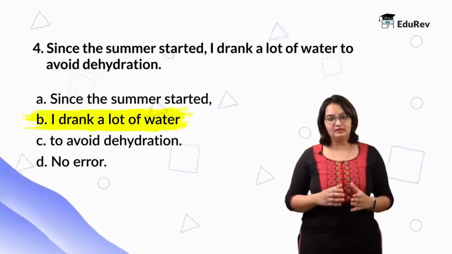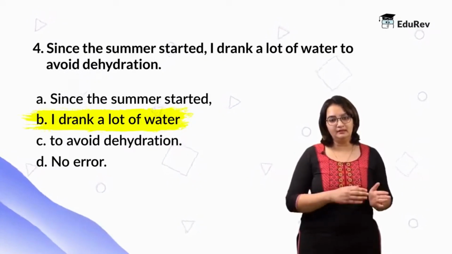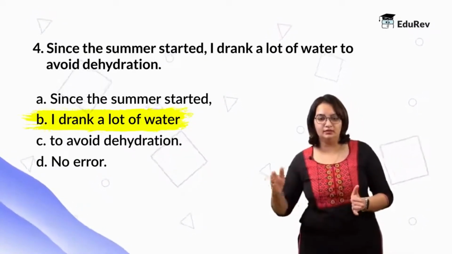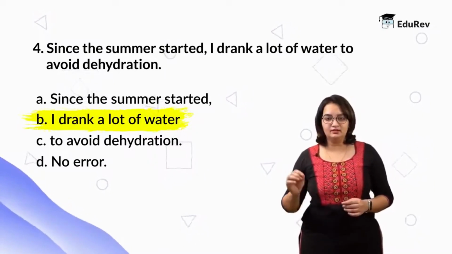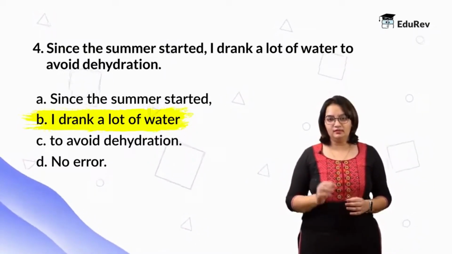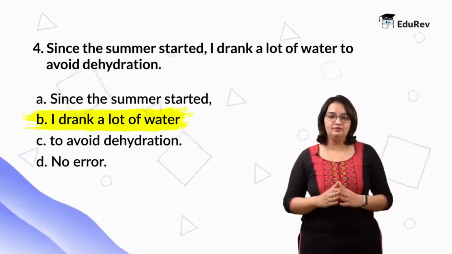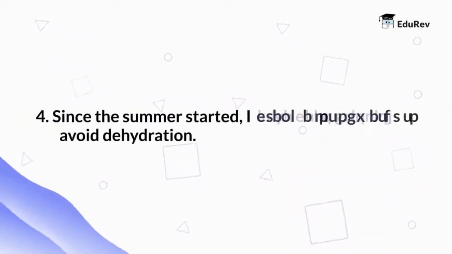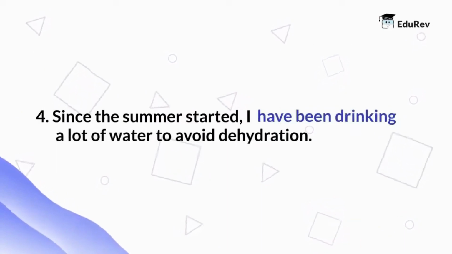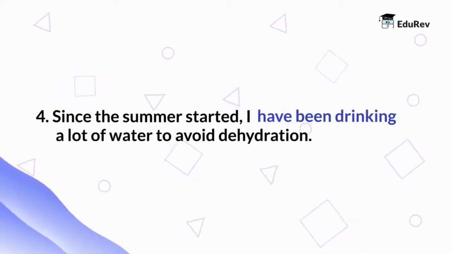When we talk about something that has already started in the past and is continuing, we have to use present progressive or present continuous tense. Therefore, for this particular sentence, we will have to change as follows. Since the summer started, I have been drinking a lot of water to avoid dehydration. Let us take another example now.